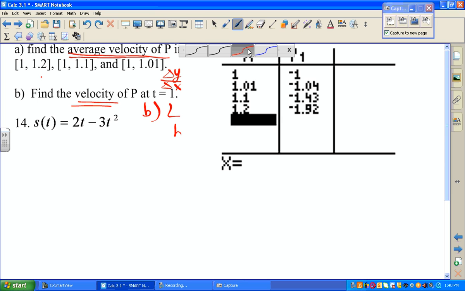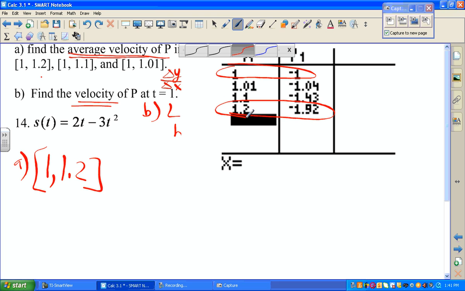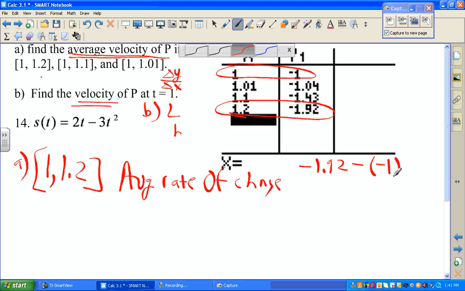So, to find my answer for A, if I'm talking about the interval from 1 to 1.2, I'm going to use the interval from 1 to 1.2 and find the slope of the line. So I'll take the difference in y, the average rate of change, I'm not going to spell this out every time, is negative 1.92 minus a negative 1 all over 1.2 minus 1.